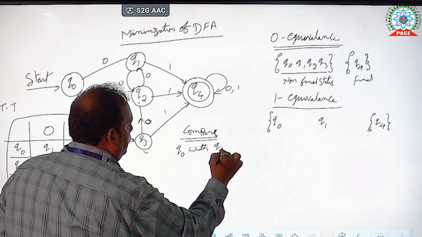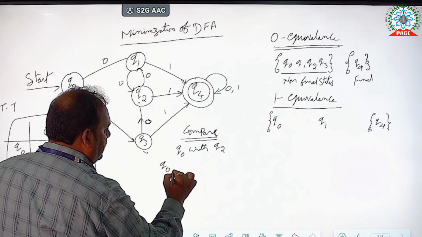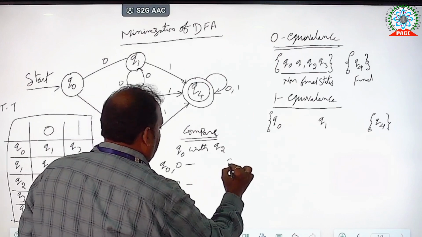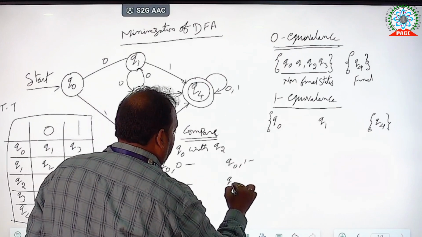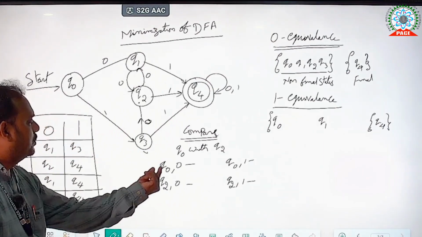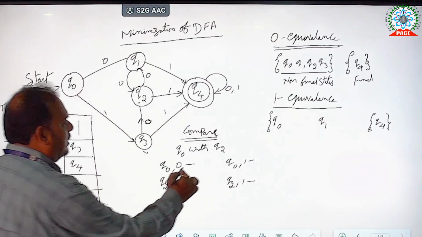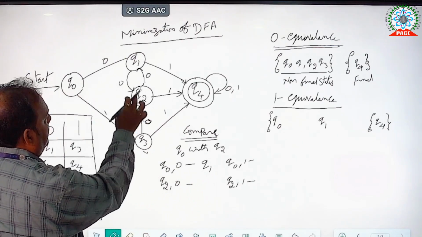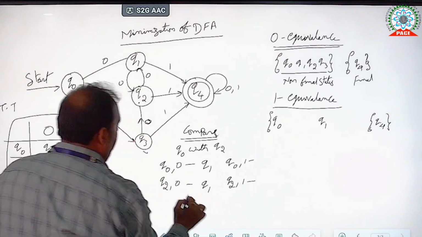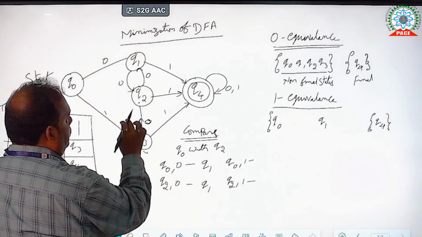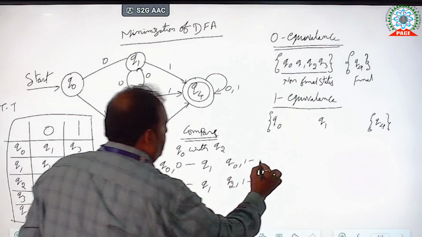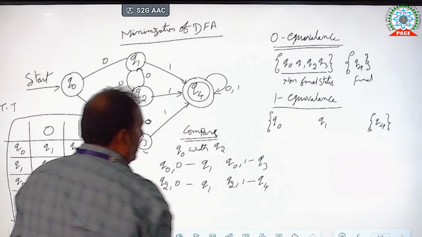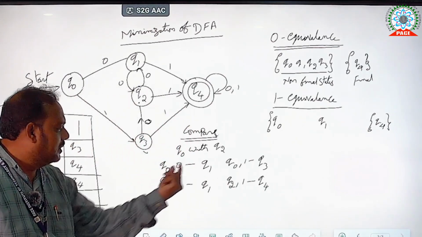Q naught with 0 transition reaches Q1, and Q2 with 0 transition reaches Q1.